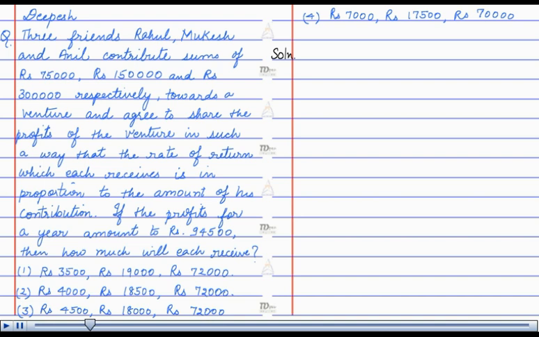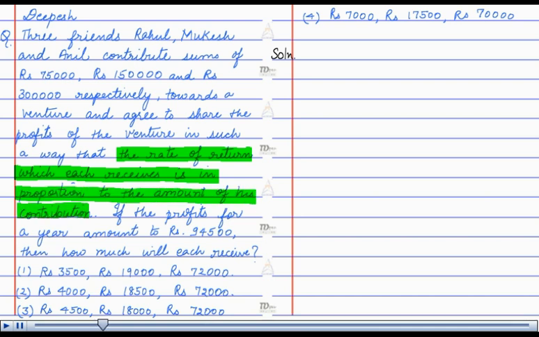As it is mentioned in the question, the rate of return which each receives is in proportion to the amount of his contribution.